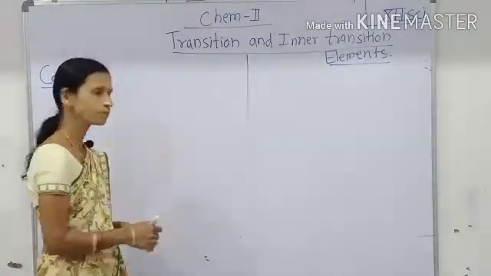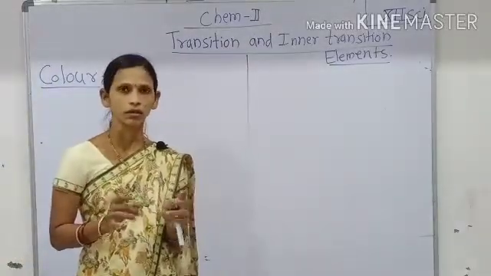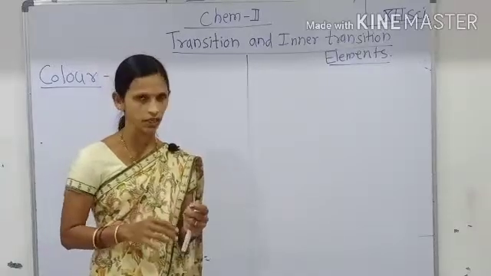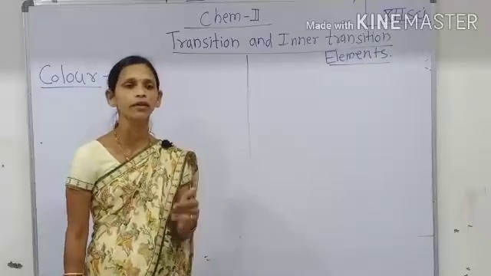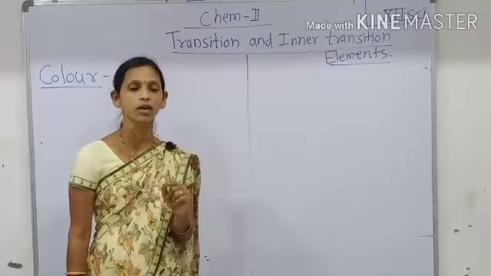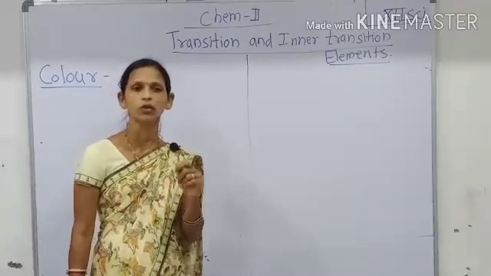Now we have to discuss the reason for the colored compounds of transition elements. What are the reasons that d block elements, that is transition elements, are colorful and their compounds and complexes are also colorful?